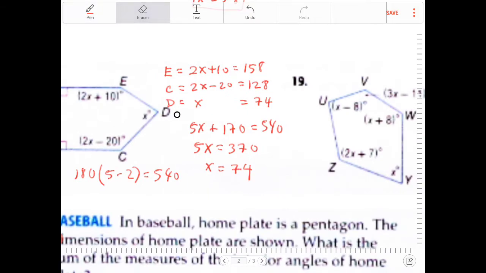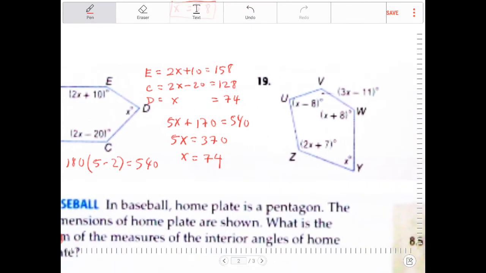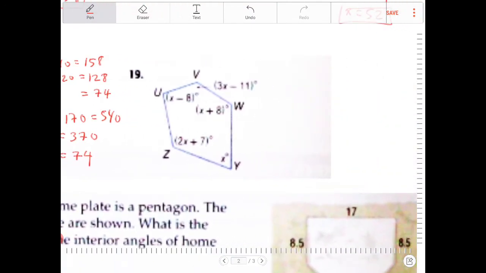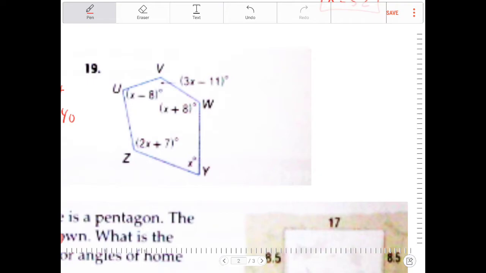Okay, so I figured out all those angles. Here, what do I have? I have, again, a pentagon. Again, it's the same process. I take U, which is x minus 8, V, which is 3x minus 11, W, which is x plus 8, Y, which is x, and Z is 2x plus 7.